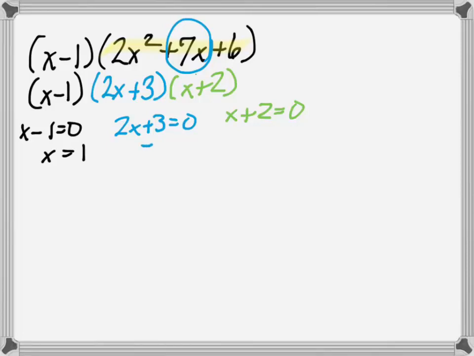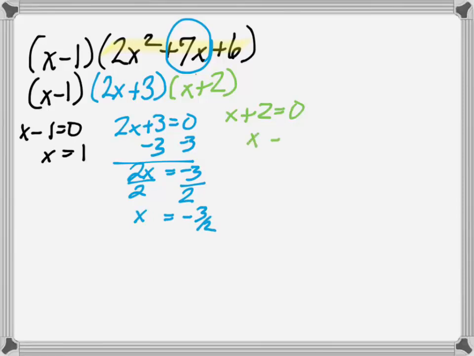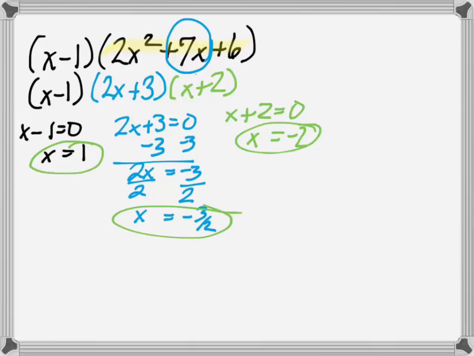On the middle one, we subtract 3 from both sides, giving us 2x is equal to negative 3. Divide by 2, giving us x is equal to negative 3 halves. And on the last one, x equals negative 2. So those are our 3 roots. Roots are when it's the number, factors when it's the binomial.